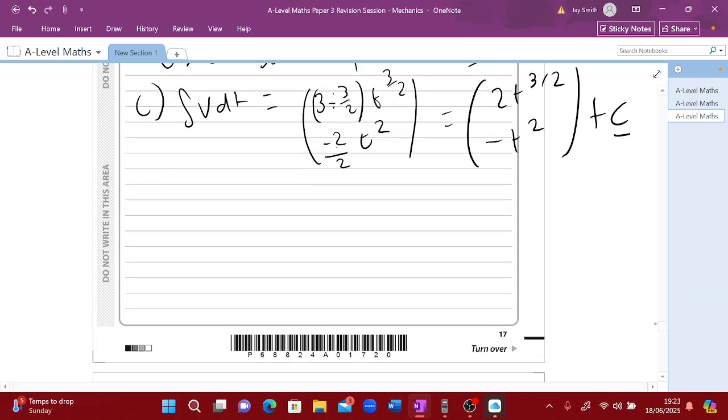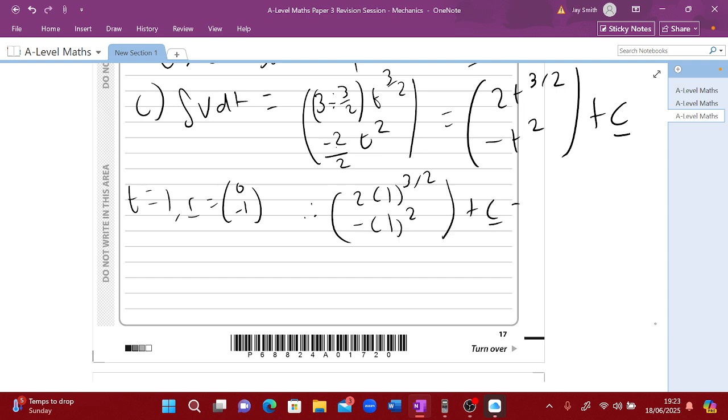So when t is 1, r is equal to 0, minus 1. Therefore, 2 lots of 1 to the 3 over 2, minus 1 squared, substituting 1 for t, add c is going to get us 0, minus 1. So that will simplify to 2, minus 1, plus c is 0, minus 1.